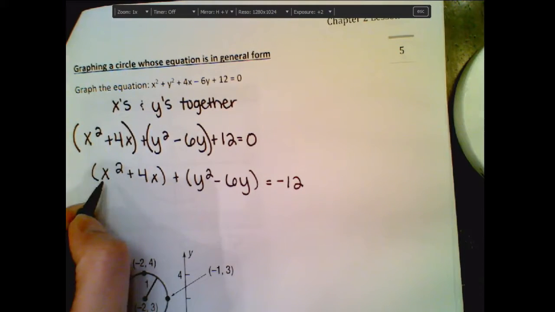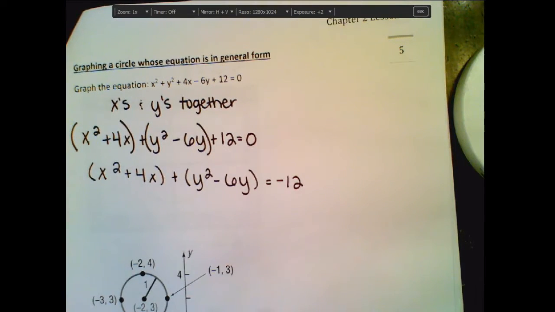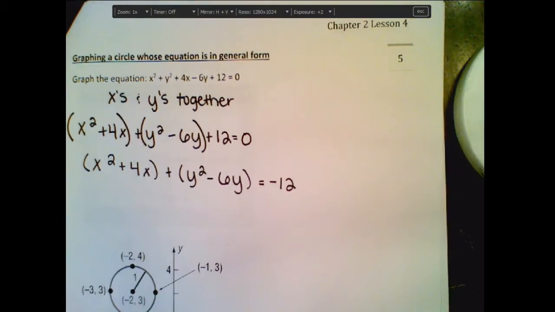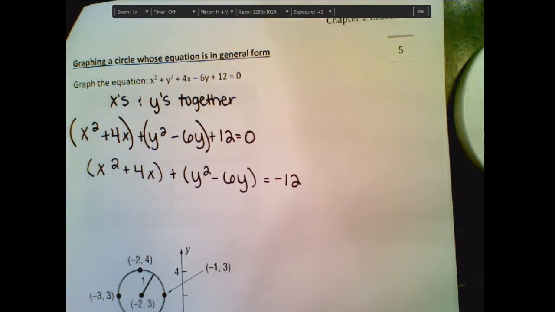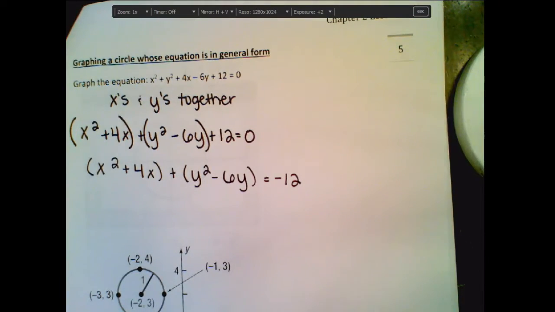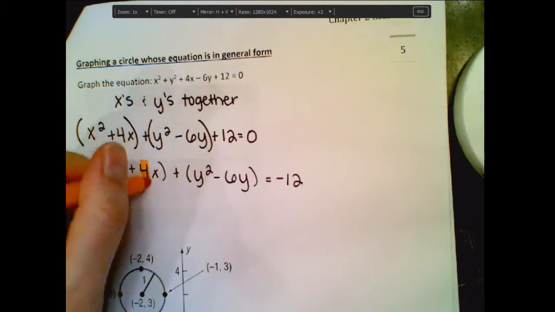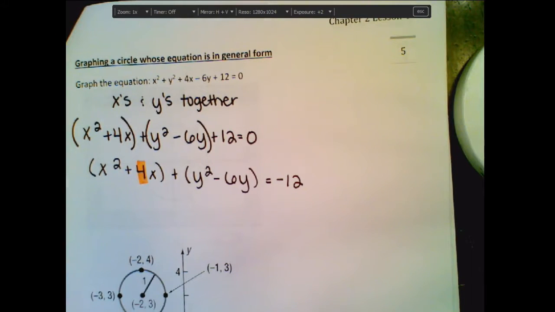Let's start here. Remember, when you're completing the square, what we're looking for, kind of the leading term, is our b term. So we want to do half of the b.